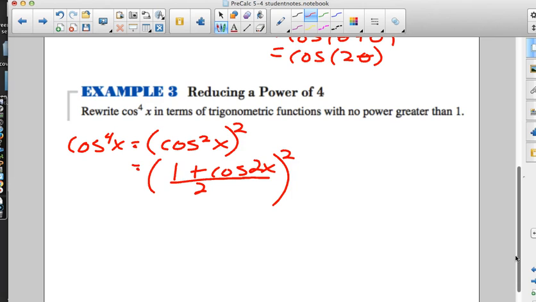Since it's asking us to just rewrite it with no power greater than 1, can we just write cosine x 4 times times each other? You're going to see that it's much easier to do it this way. Not that this is an easy process, but this is much easier than going after it with 4 of them. It is. Okay? All right. So we need that squared.